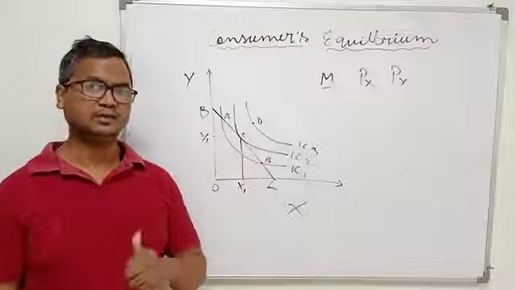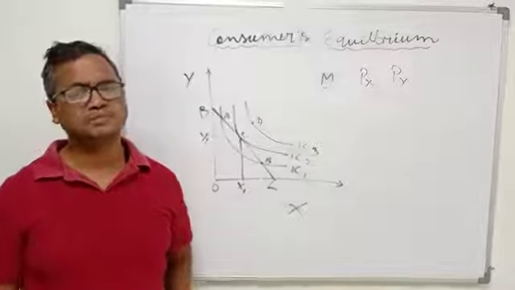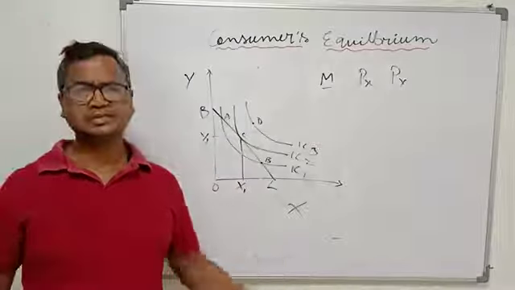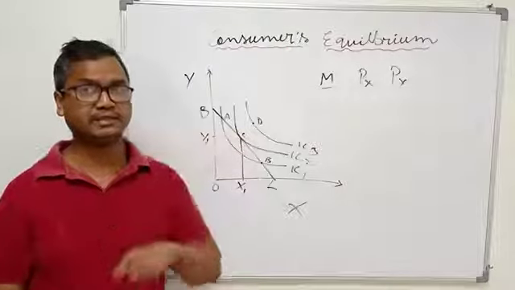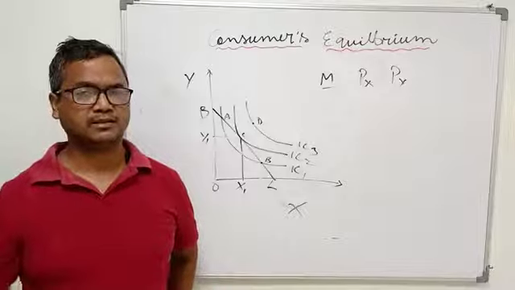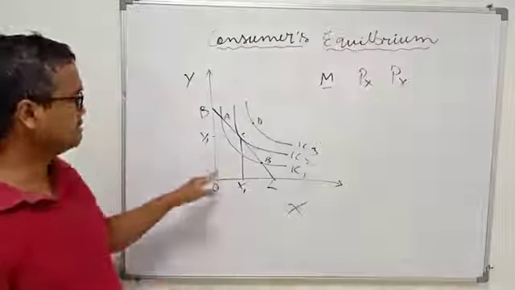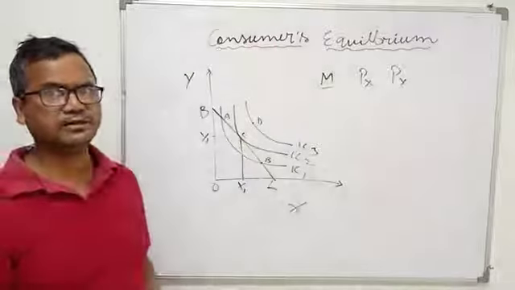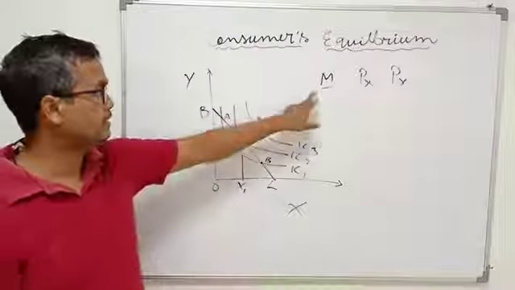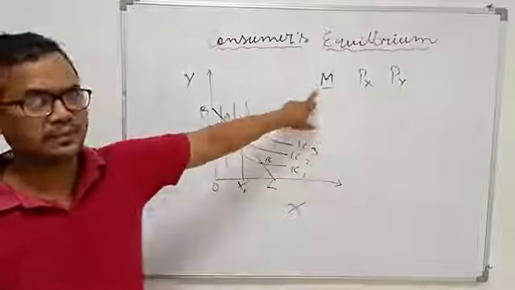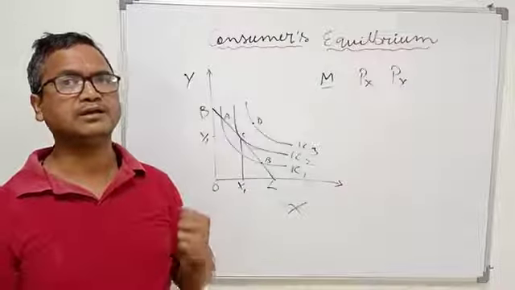A consumer is in equilibrium when he or she gets the maximum satisfaction. If a consumer is getting maximum satisfaction, why deviate from that point? In that sense, that point becomes the equilibrium point. So following the definition of equilibrium, only at point C will the consumer's satisfaction level be maximum, provided money income and the prices of X and Y are given.